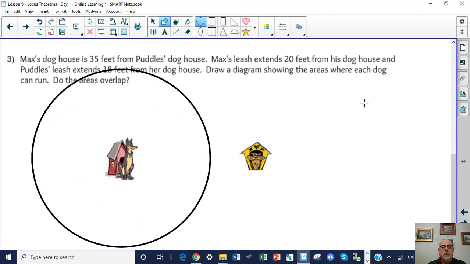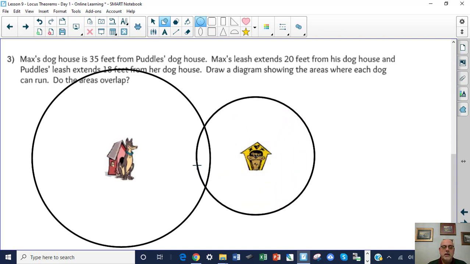Okay. Now, the other one extends 18 feet. That's going to be a hair over halfway. So if we look at that in relative distance, that's about where we're at. So the areas do overlap. And that's how we would draw and would describe the area of the overlap where they intersect.